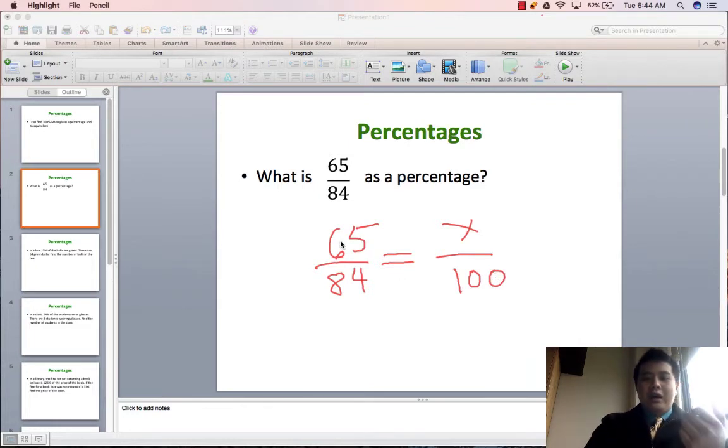That's why we have it as equals x over 100. What is it as something over 100?